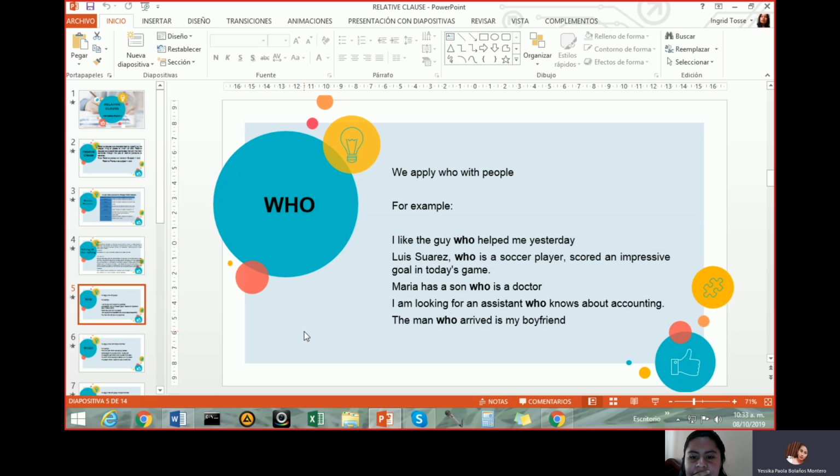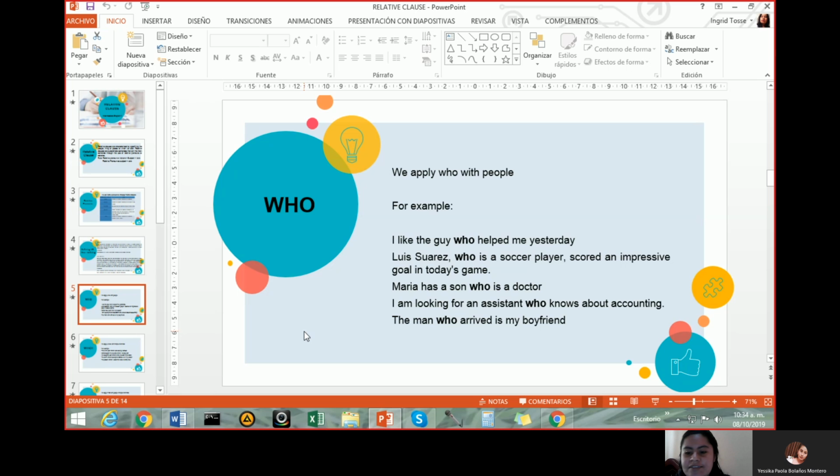In the first expression we only say that the guy is the one who helped me yesterday. But with the second, we unite the two sentences: that Luis Suárez is a soccer player and that Luis Suárez scored an impressive goal in today's game. For this reason, this is non-defining, and as you say, the use of the comma is very important in the second, because in the non-defining we apply a comma to separate the first and second sentences. Okay? That is right, teacher.